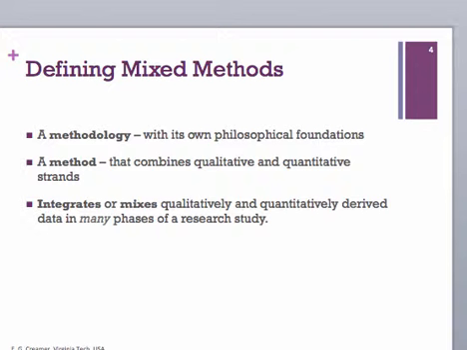So when you look at contemporary definitions of mixed methods research, I'm going to pull out three elements of it. It is distinguished both as a method and a methodology, and one of its key features is the integration of qualitative and quantitative strands of a study.